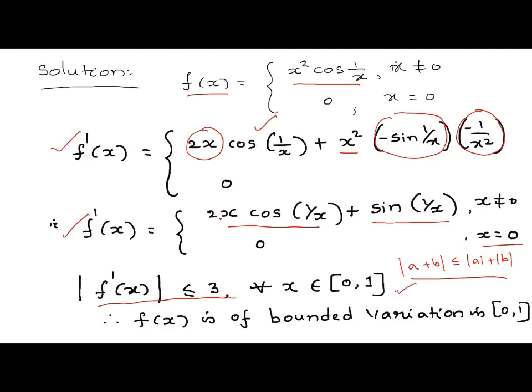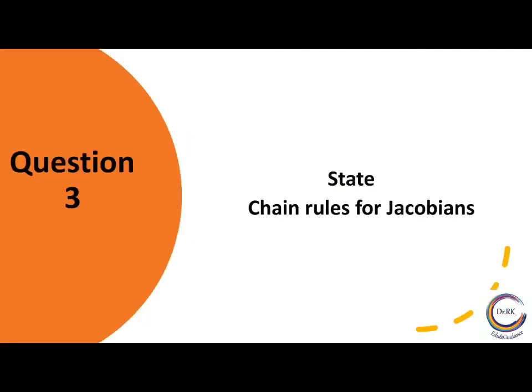So that is as discussed. Now it is mod of f dash of x less than or equal to M. Therefore, we can say f of x is of bounded variation in the interval 0, 1. So this is one example.